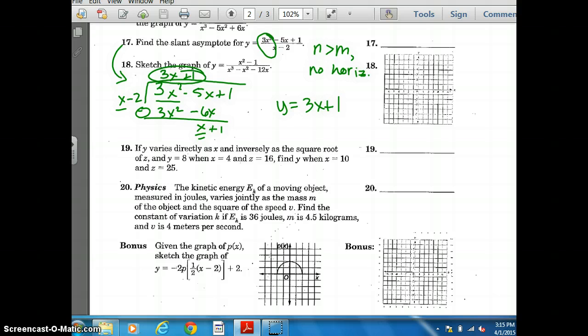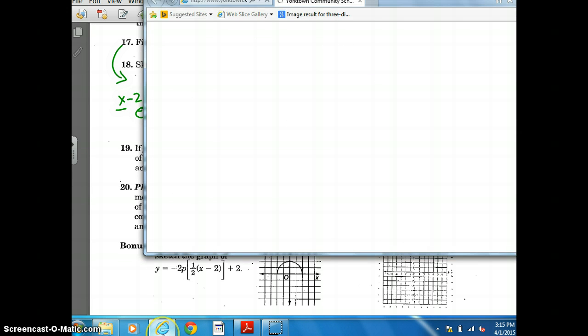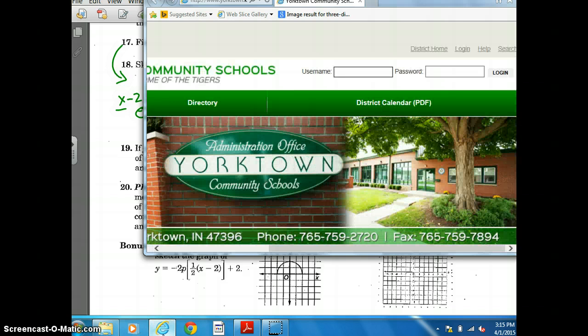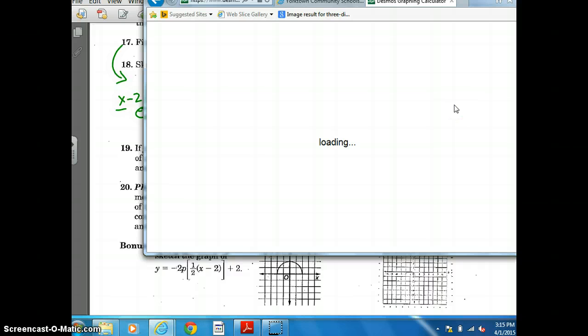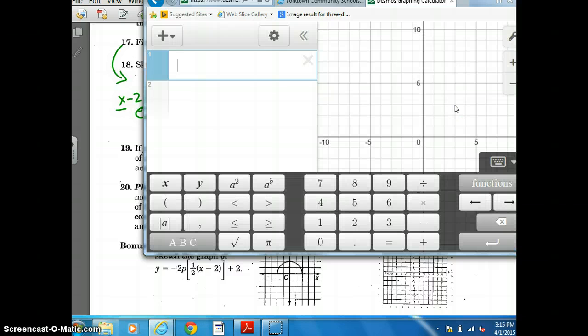Now for number 18, it asks us to sketch the graph. I'm just going to use my calculator. Just give me a minute here to bring up Desmos. And we're going to put the equation in for number 18.